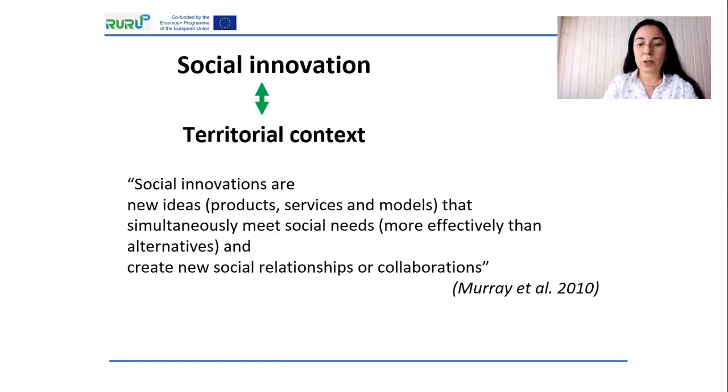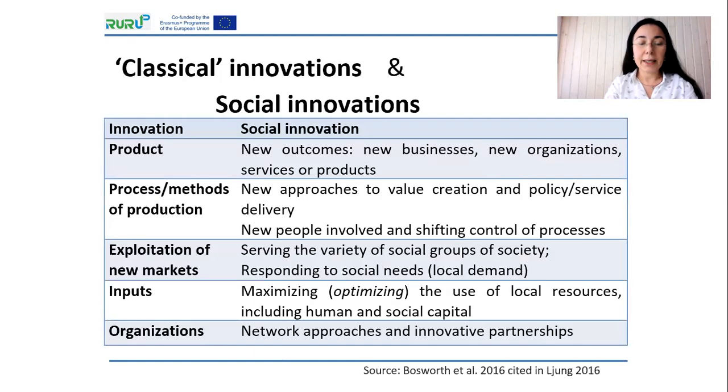If we now take into consideration the classical definition for innovations that we have seen at the start of our module, and try to translate them from the social institutional perspective, then when we speak about products in social innovation, we actually consider new outcomes, whether these are new businesses or new organizations or new services or products.